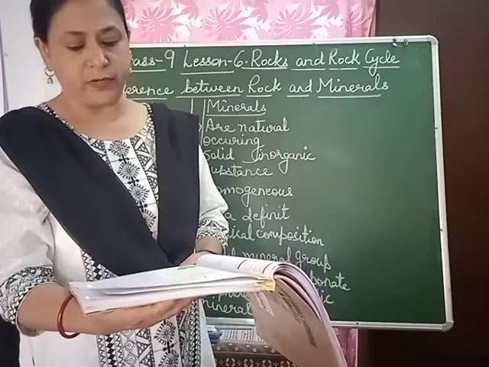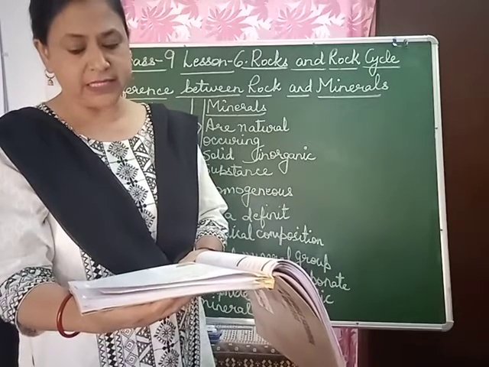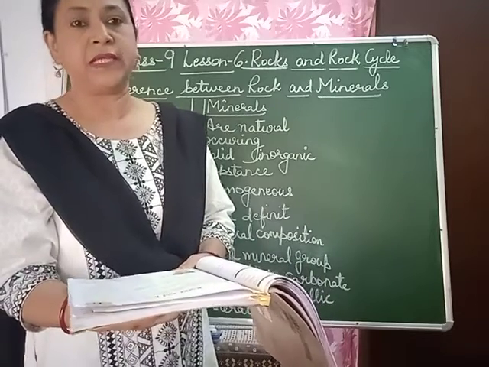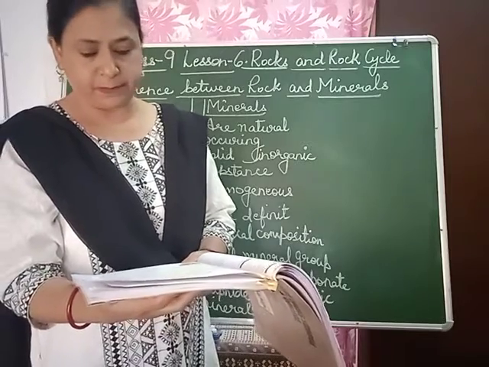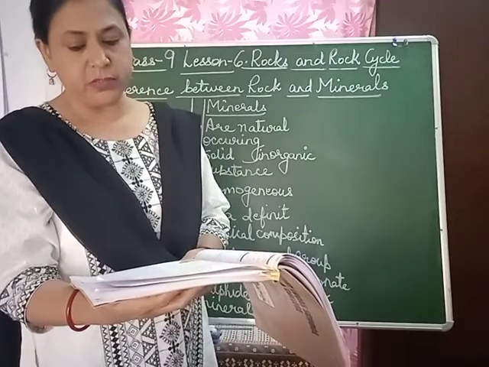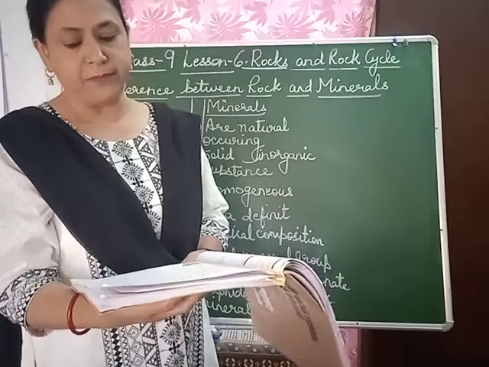On the basis of origin, rocks are igneous, sedimentary, and metamorphic. These are the rocks which we are going to study later in this chapter. Four chief mineral groups are silicate, carbonate, sulfide, and metallic minerals.